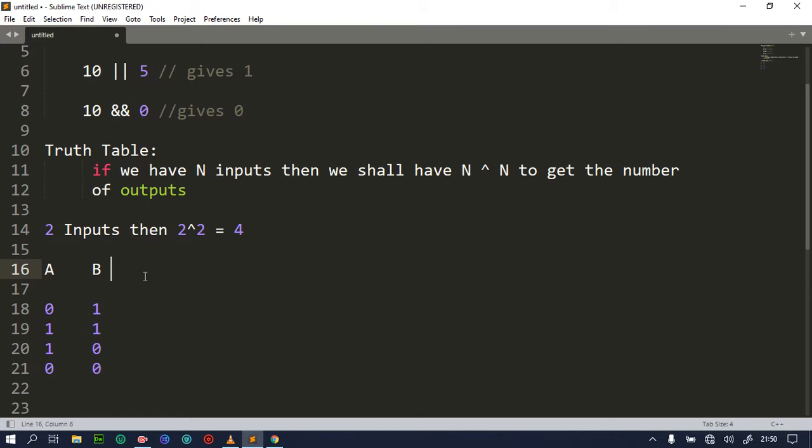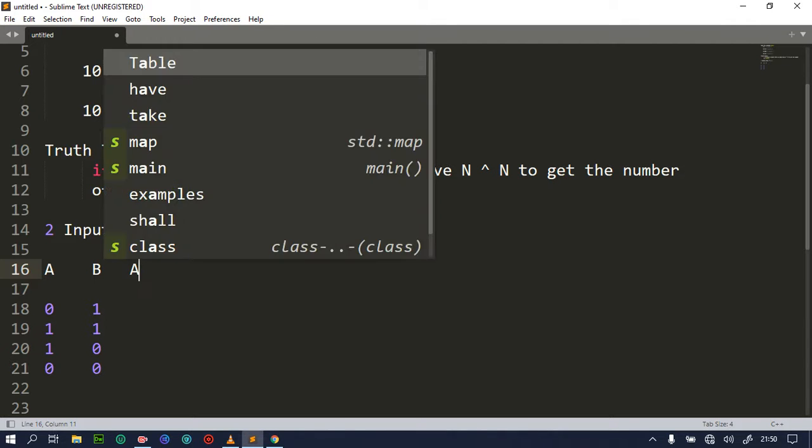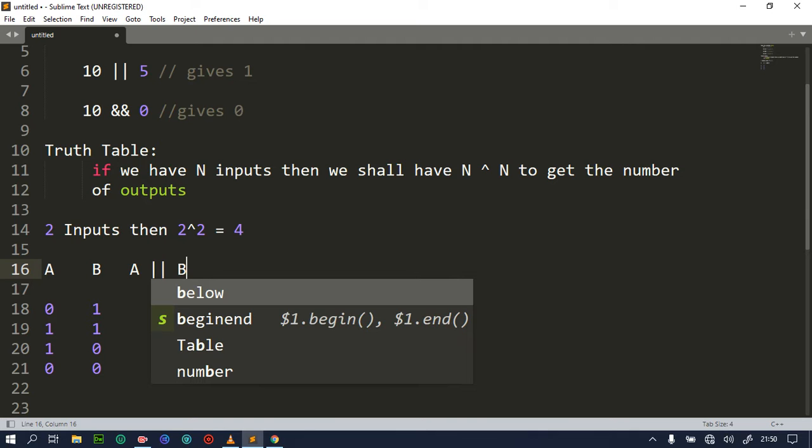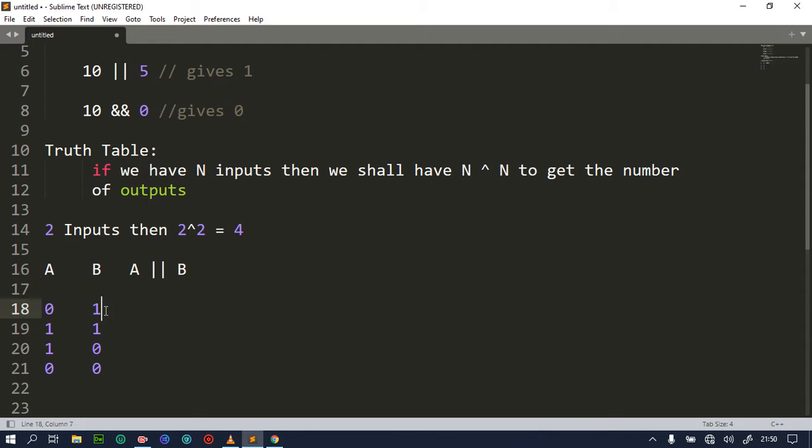Now, what we are checking out is this. We can say A or B. Now, if we say A or B, remember we said that it is only and only false when both are false. Okay, that is OR. Then I told you OR can mean binary addition.